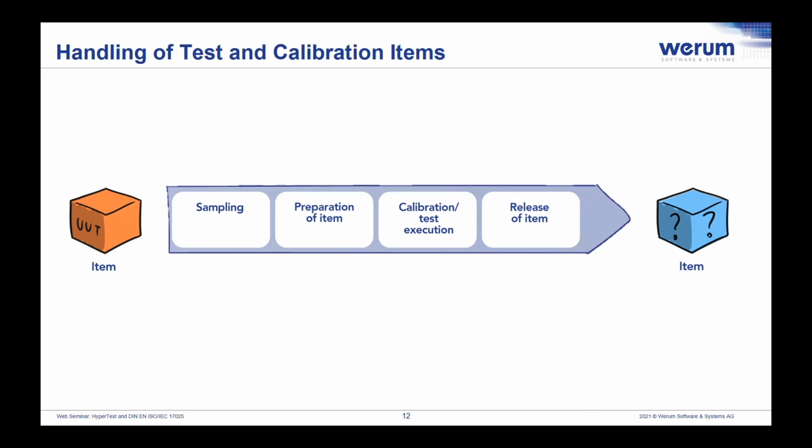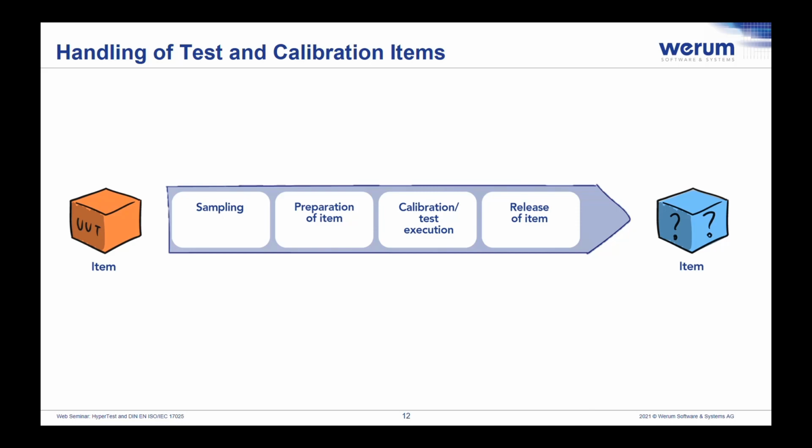HyperTest enables the standardized acquisition of the data required for an order: sampling plan, selection of samples, locations, date and time, staff, number, quantity, identification, etc. Preparing tasks like conditioning, for example, can be defined and assigned to suitably qualified staff members.